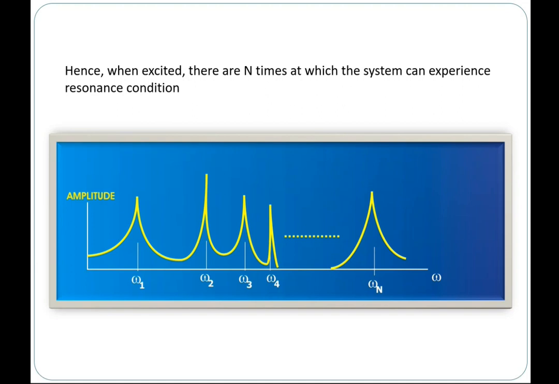With n degrees of freedom, you have n natural frequencies, then you have n times of experiencing resonance conditions, right? So that is what it means. You have to take notes. If we know the natural frequencies, omega 1, omega 2, until omega n, then we know when this particular system that we are analyzing, it could be rotating machinery, will fall into resonance.